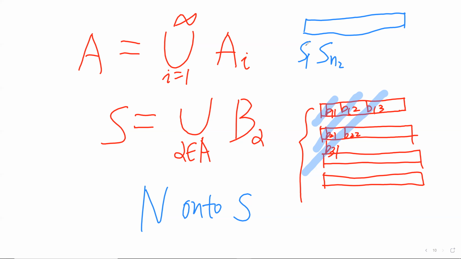So you keep track of what has been mapped, and you only put the new element that has not been mapped. This process can go on and on. And if it won't terminate, then you find a bijective mapping between N and S. And that means S is countable.